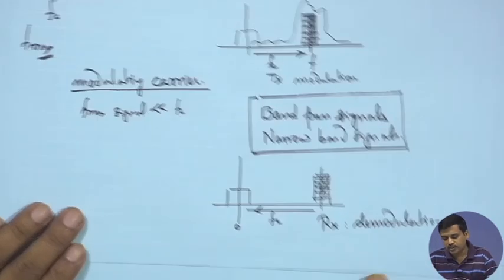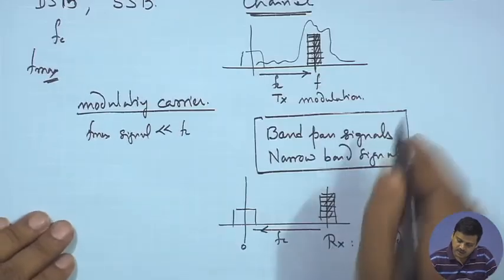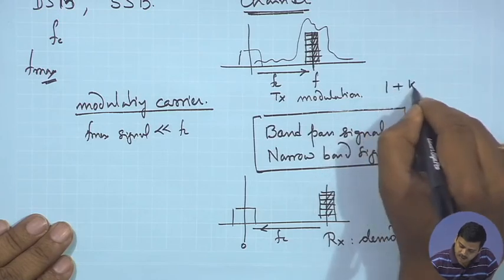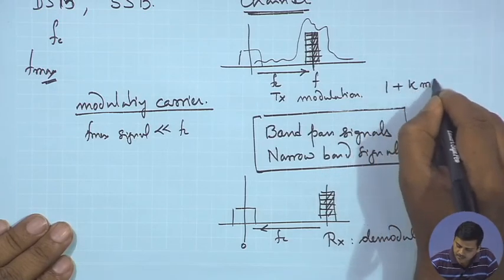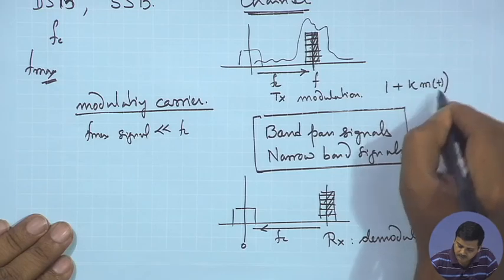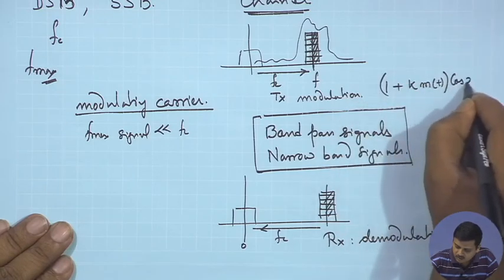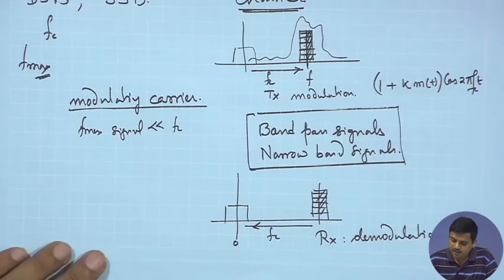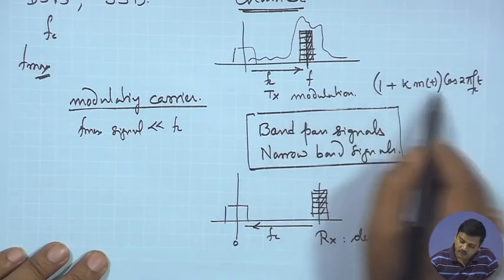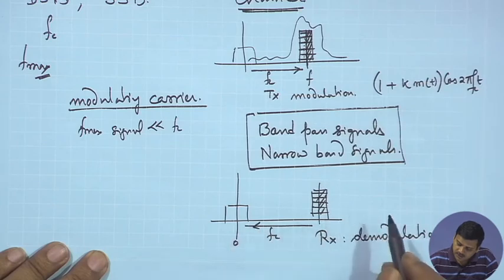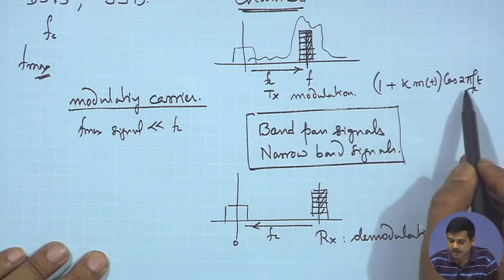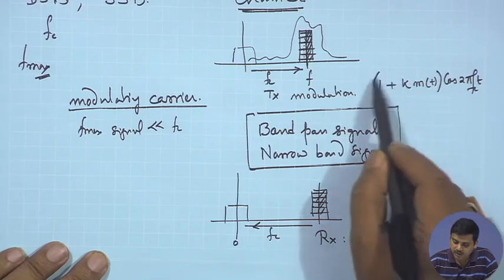and this is what you have studied already. So, for example, for the modulation, you could say that I have my signal 1 plus some k times m of t, times cos 2 pi f c t, right. You could say that this is my signal, and that you are modulating. At the receiver, you can demodulate by again multiplying it by this carrier and then filtering it and taking only this part.